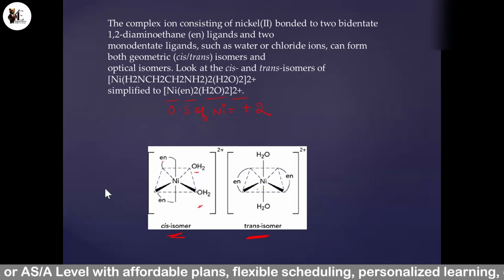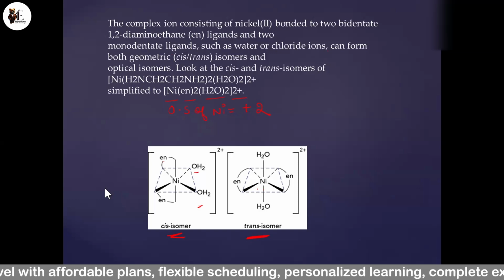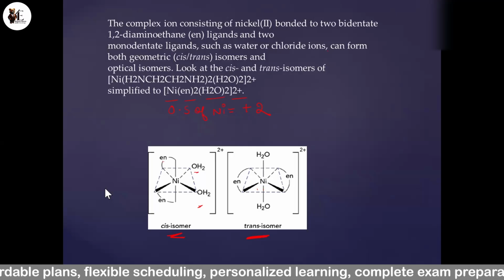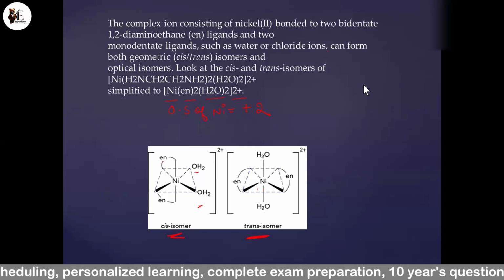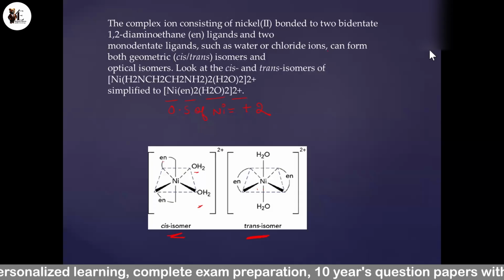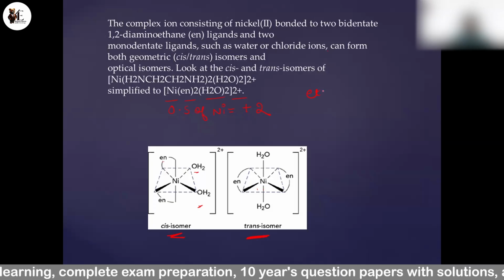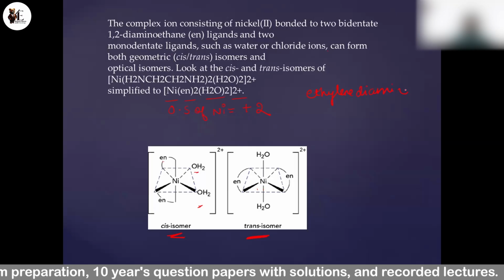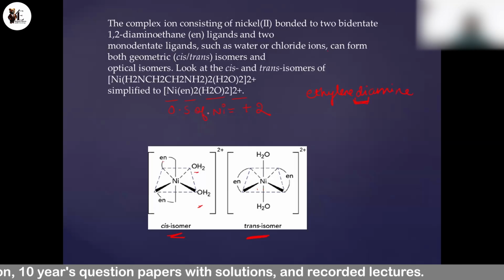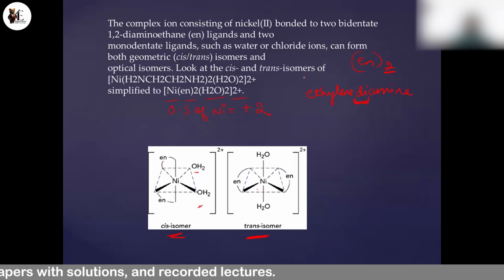Ma'am, bis? Bis. Let me write it down. Because not in all the complexes, but in those complexes which have di in the name, its name is ethylene diamine. Di is coming here also, and if you have en2 here also, you have to write ethylene diamine again.